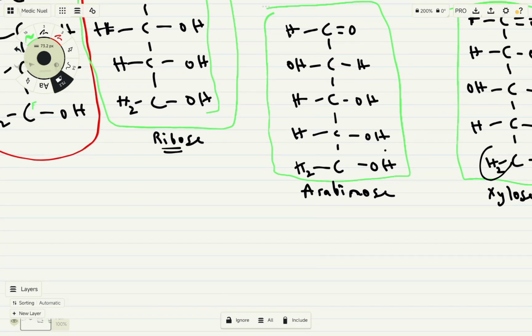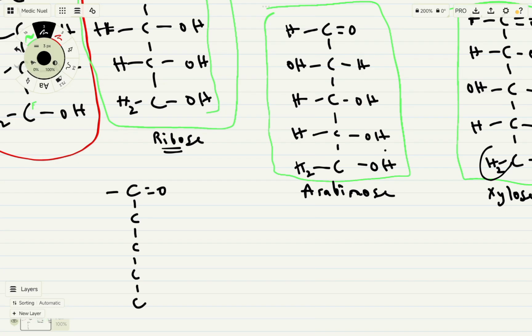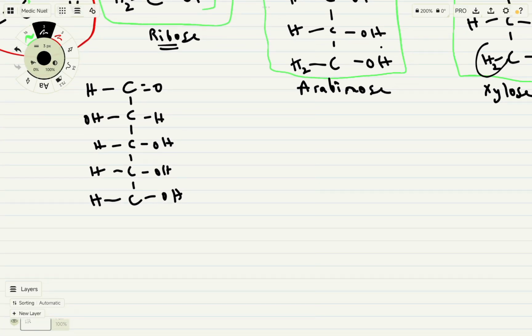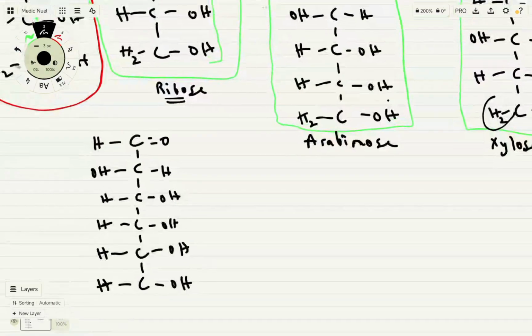Once you draw the structure of xylose, 1, 2, 3, 4, 5, and you have H, you have OH, you have OH, you have H, you have H, you have OH, OH, H, but don't put H2. Now, the only thing you need to do for glucose is just add one more.